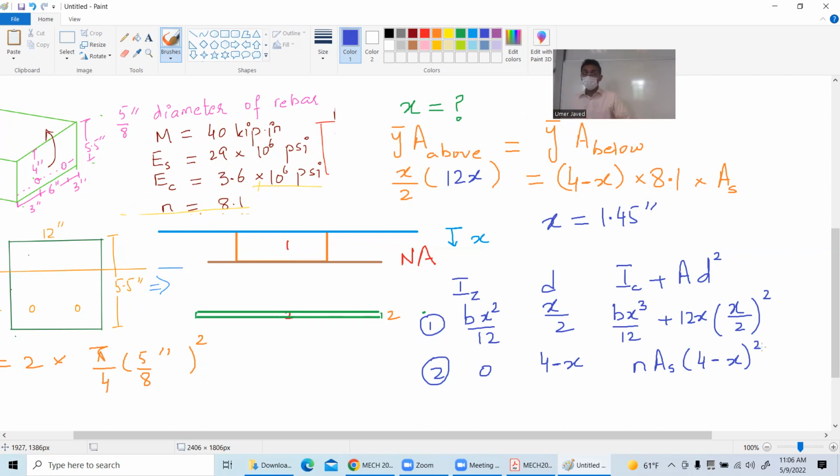Only moment of inertia. So bx cube, you write to just. Did I make a mistake? Sorry. That's a mistake, but it's definitely not polar moment of inertia. It's moment of inertia, right? Bx cube. Bad mistake.